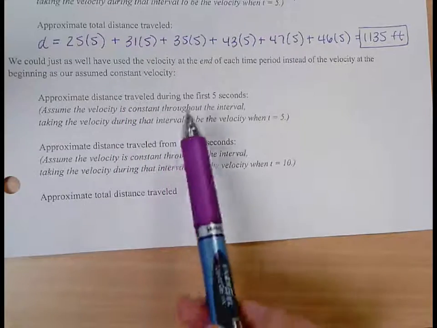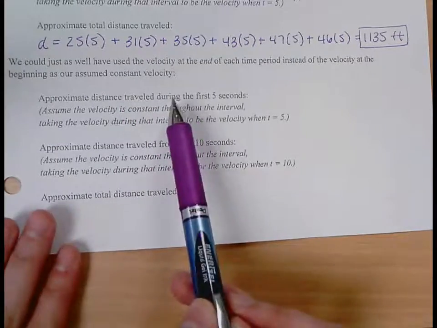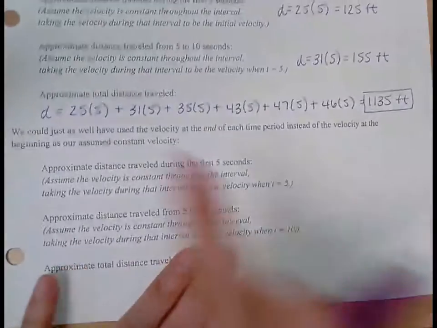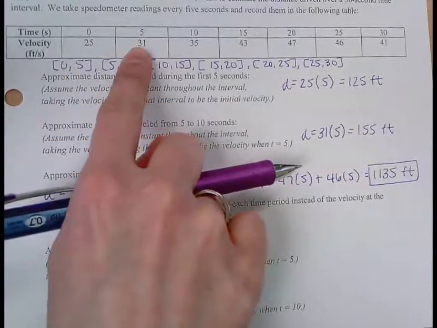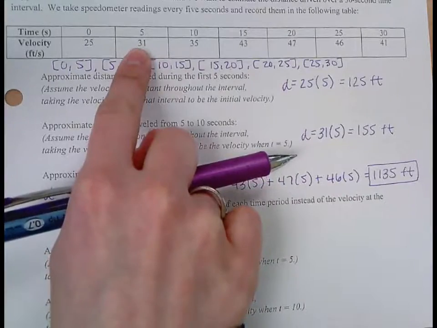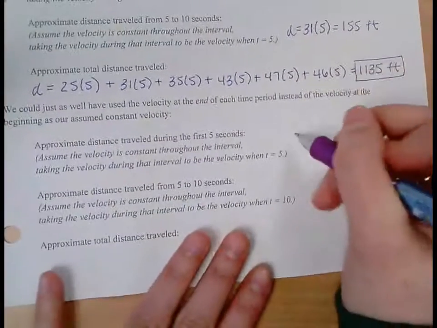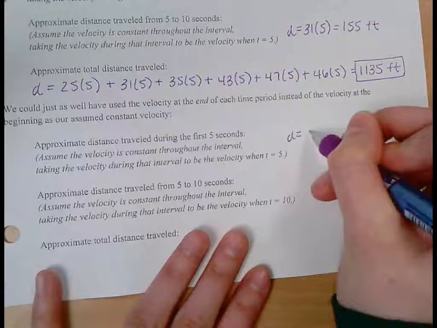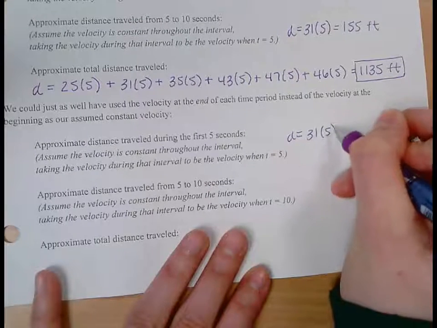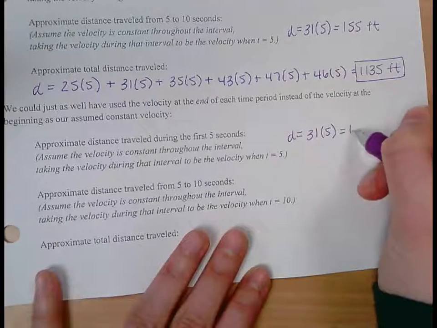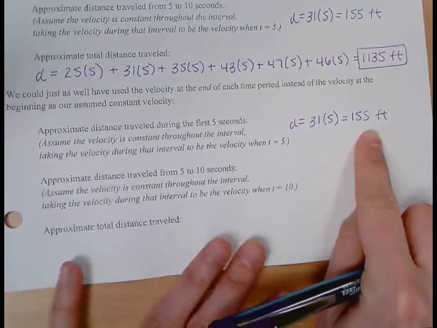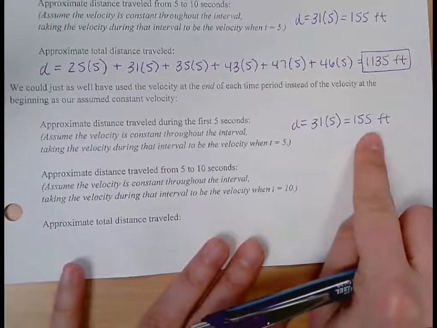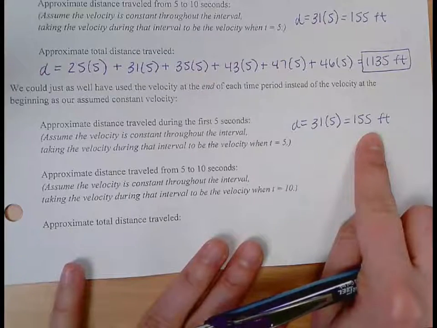velocity. So we could have used, for those first 5 seconds, rather than using the velocity when t was 0, the velocity when t was 5. So in those first 5 seconds, the distance was 31 times 5, so 155 feet instead of 125.